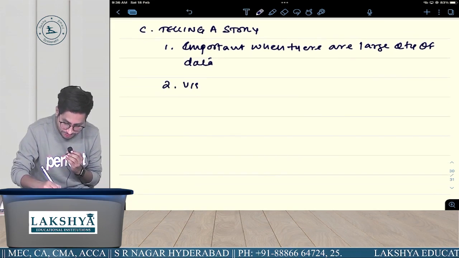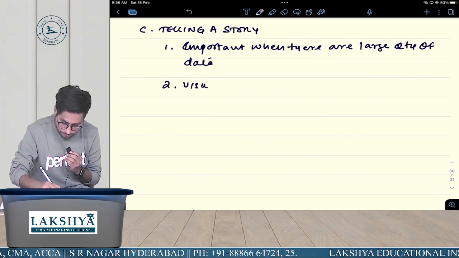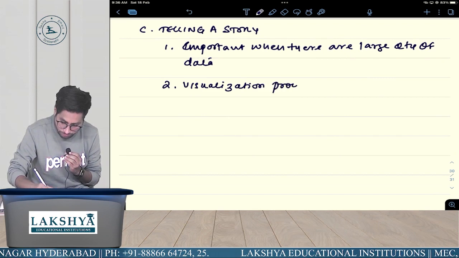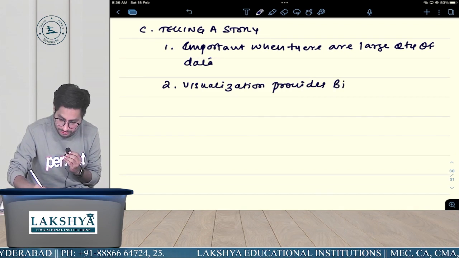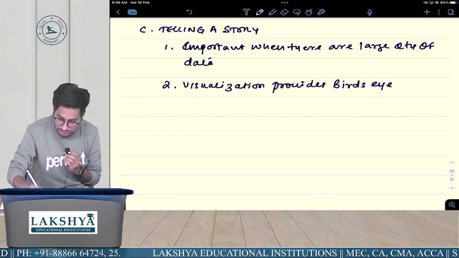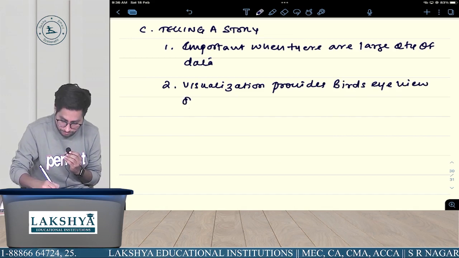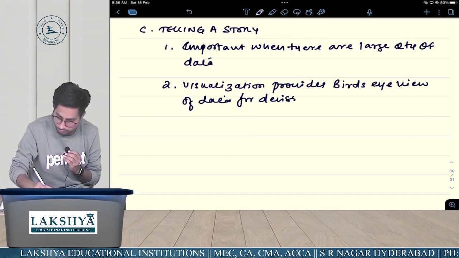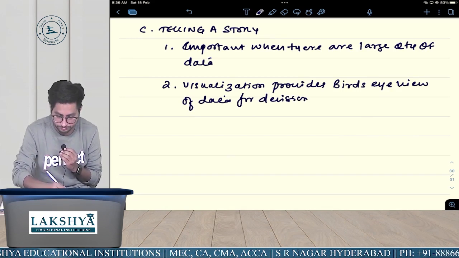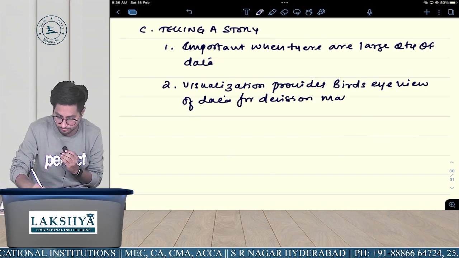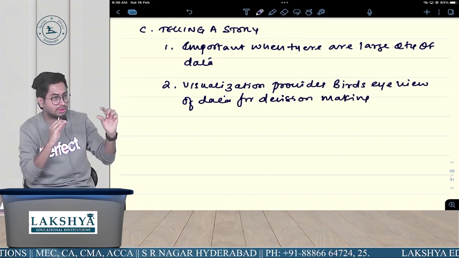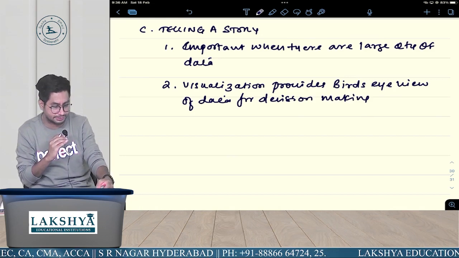And visualization provides a bird's eye view of data. For what purpose? Decision making. Bird's eye view means a small conceptual view of the data.